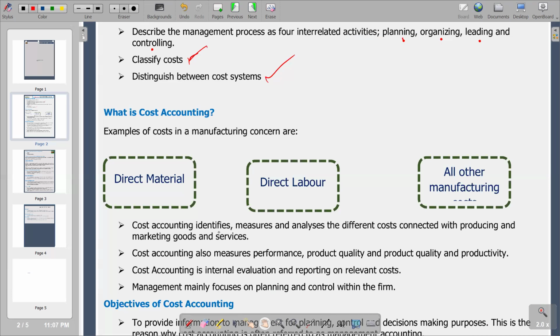We have an explanation that we are given according to our textbook of Cost and Management Accounting N5, where we are given examples of costs in a manufacturing context, whereby we have direct material, direct labor, and all other manufacturing costs. We can start by trying to understand what we mean by direct material.